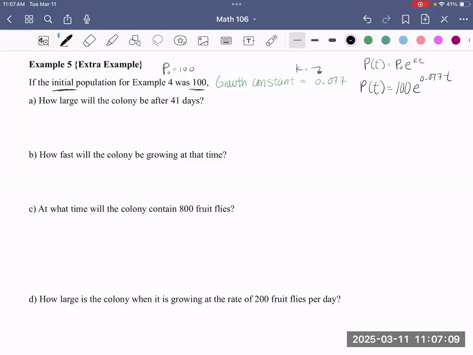So when it says how large will the colony be after 41 days, well, P of T is the colony of fruit flies. T is going to be your time, and this will be in days. So if we know that T is equal to 41, and we know that P of T, we can just go ahead and fit that right in.